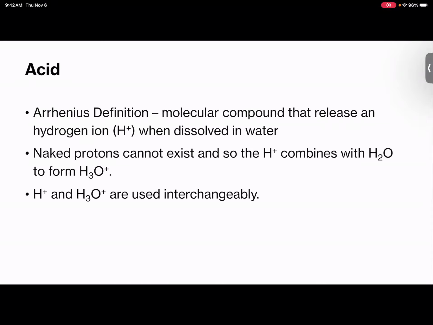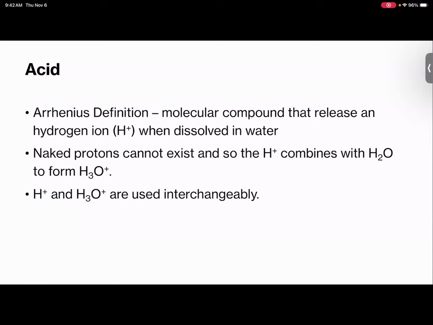When we're talking about an acid-base neutralization reaction, we're specifically talking about the Arrhenius definition of an acid, which is a proton donor. Now, we can't have naked protons running around in solution, so those protons react with the water in solution to make the hydronium ion.